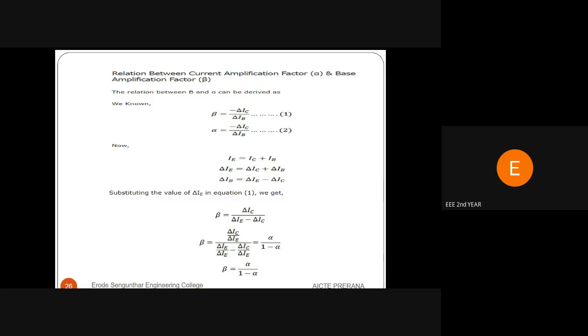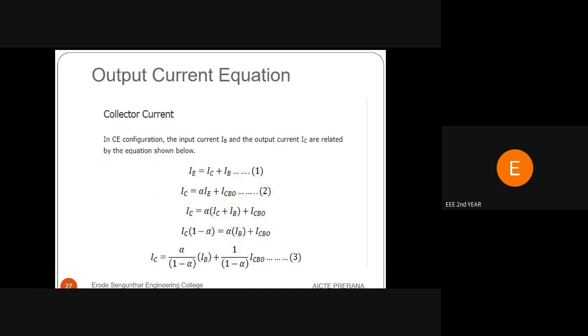Now let us see the output current equation for common emitter configuration. We know IE equal to IC plus IB. We also know IC equal to alpha IE plus ICBO. So substituting IE value in IC equation, we get IC equal to alpha into IB plus ICBO divided by 1 minus alpha.